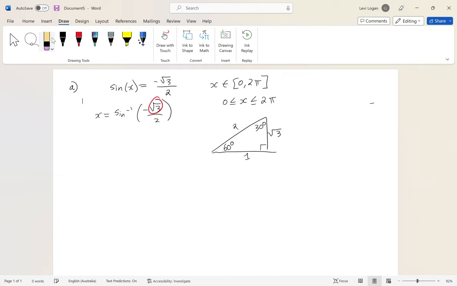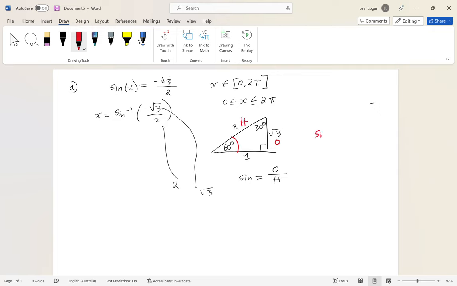Right, so what is sine? Sine is equal to opposite over hypotenuse. Just looking at this triangle here, our opposite is root 3 and our hypotenuse is 2.